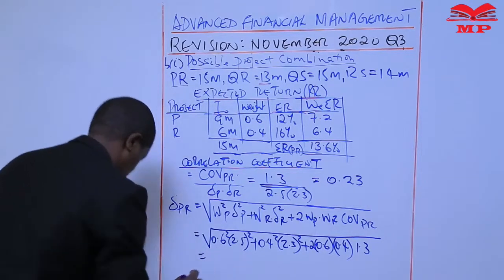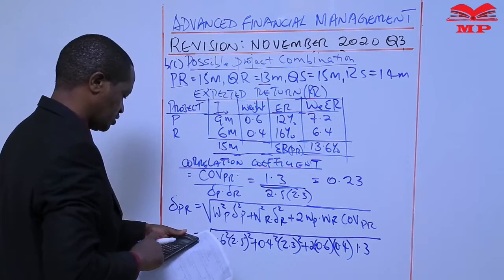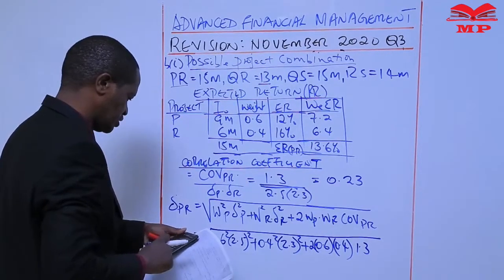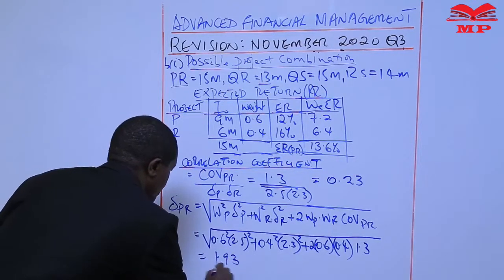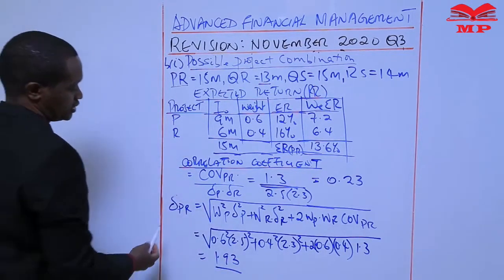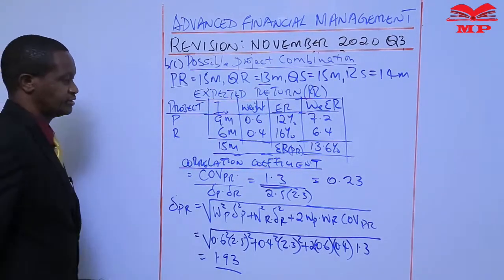This is equal to, after getting the square root, 1.93. That is the standard deviation of the portfolio PR.